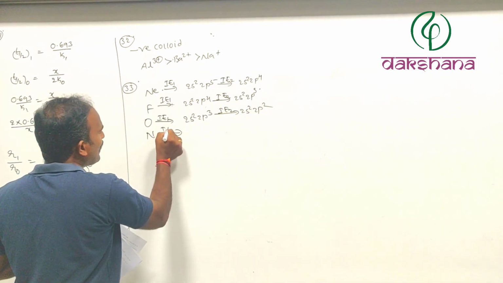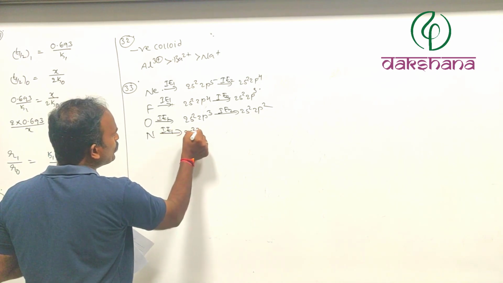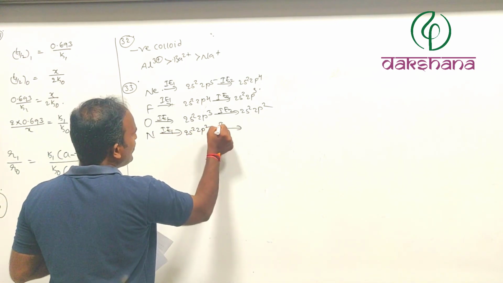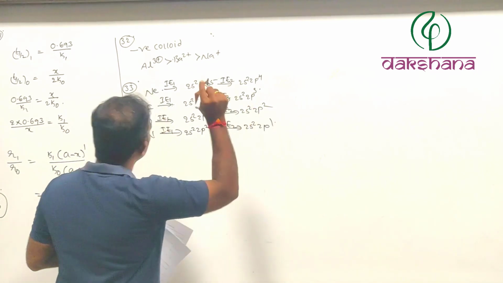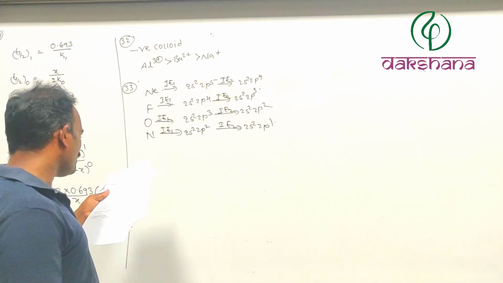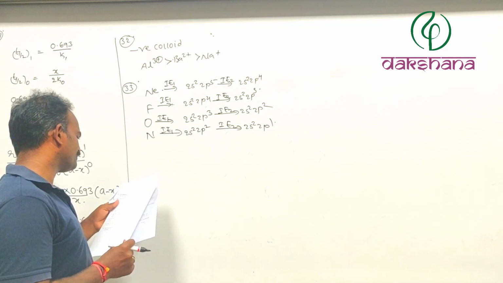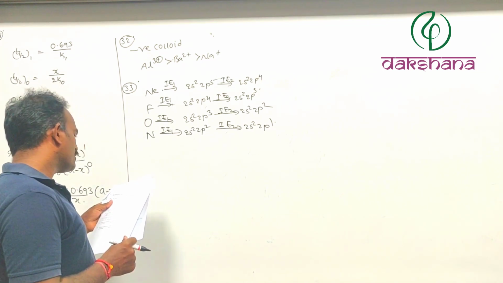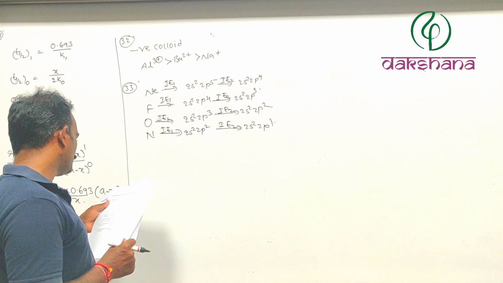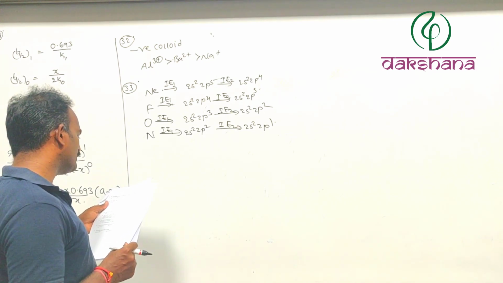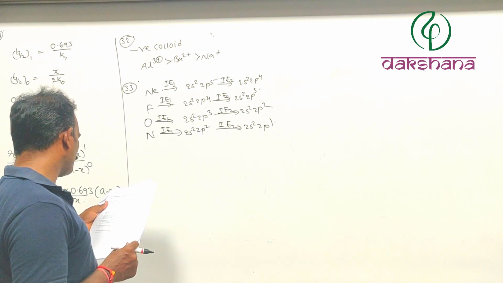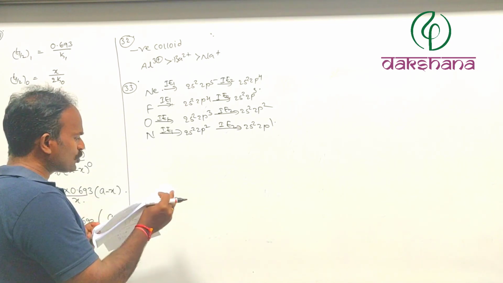For carbon, IE1 is 2s2 2p2 and IE2 becomes 2s2 2p1. Therefore, that is going to be the order.